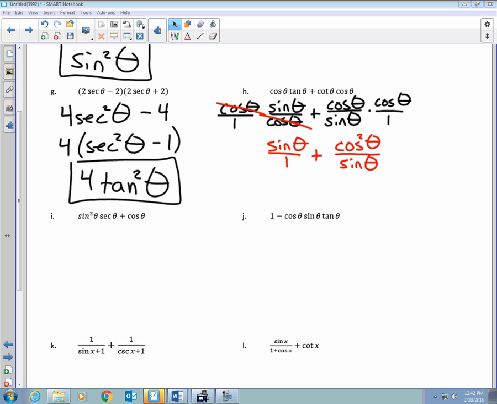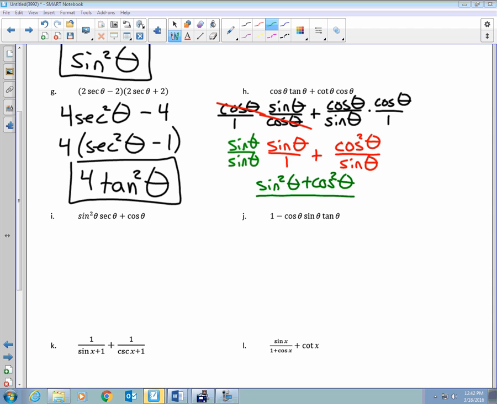Both are excellent ideas. Neither one will get you there. Yes! Common denominators! What's the common denominator? And if I multiply top and bottom by sine, what will I end up with? A sine squared. So we get sine squared of theta plus cosine squared of theta all over sine of theta.